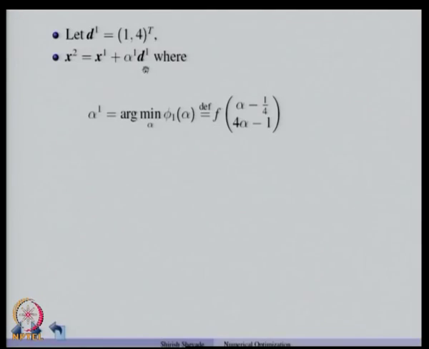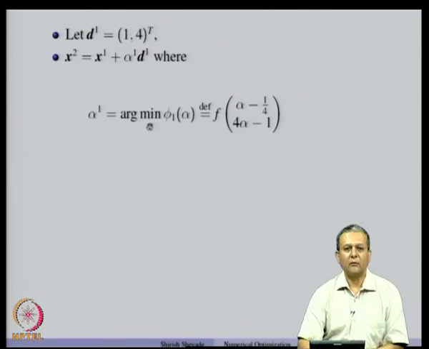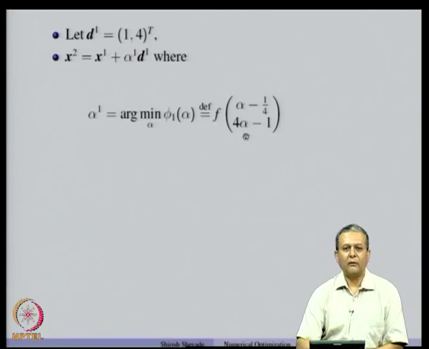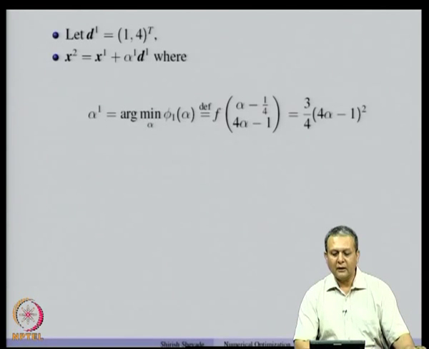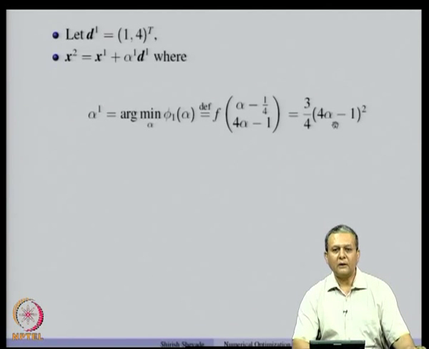Now, x2 is x1 plus alpha1 d1, where alpha1 is the minimum of phi1(alpha) with respect to alpha. Again I repeat that this alpha belongs to the set of real numbers, not the set of positive real numbers only. We get f of (alpha minus 1 by 4, 4 alpha minus 1). We plug that into the original function, and what we get is 3 by 4 into (4 alpha minus 1) square.